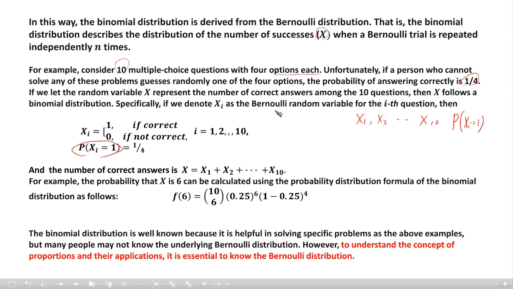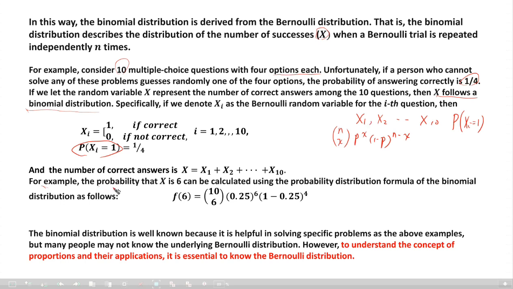So x follows a binomial distribution. If you remember the binomial formula, n combination x, p to the power x, 1 minus p to the power n minus x, then you just input n and x. Then you can solve that kind of problem.